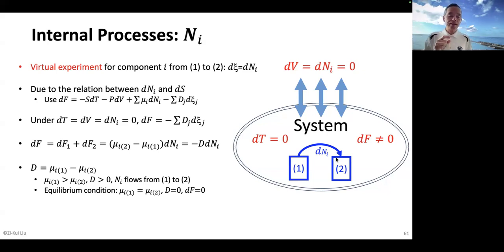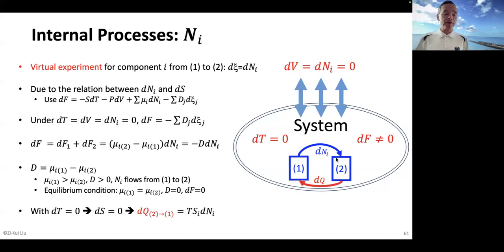However, remember that in the virtual experiment when component i moves from region 1 to region 2, we found that we also move the entropy. If you want to keep the temperature the same everywhere, we have to move entropy too. By putting the equation of entropy and heat together, because dT equals 0, dS must be equal to 0.